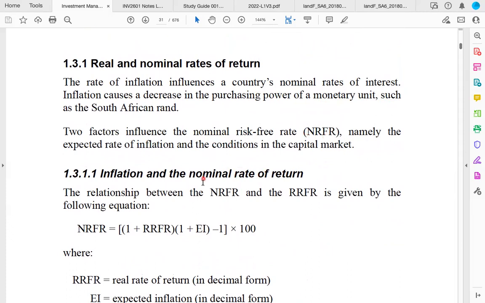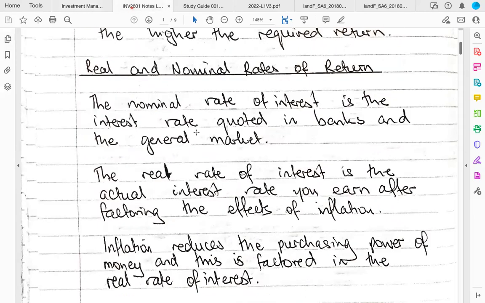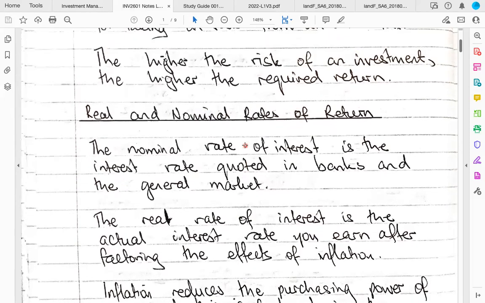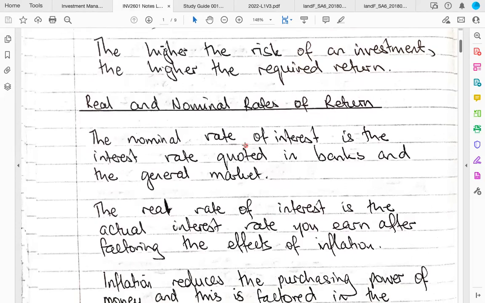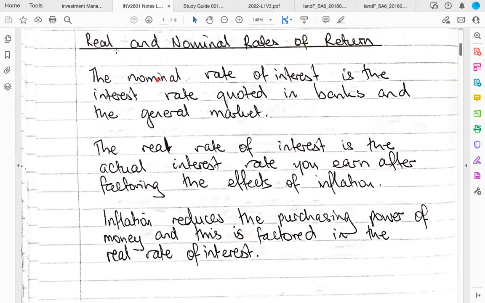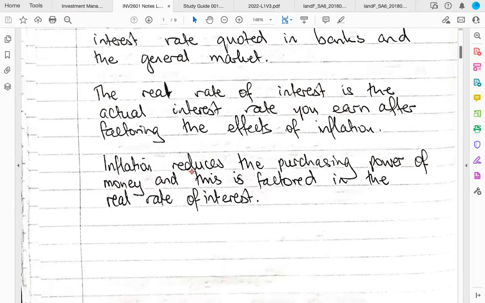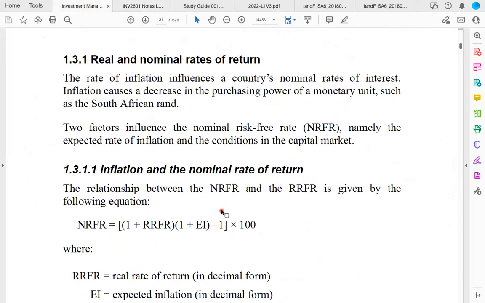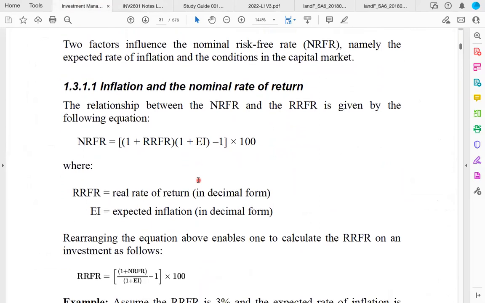In this case, rather than separating the real rate of return and the nominal rate of return, they go on to say the nominal risk-free rate of return and the real risk-free rate of return. So the rates of return being referred to are actually risk-free rates.